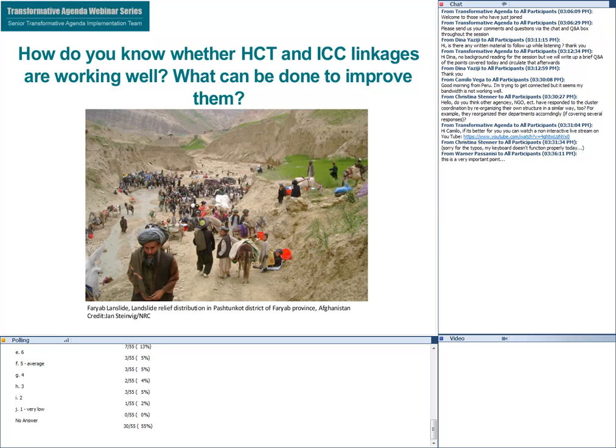If you look at the transformative agenda, it clearly states that clusters should be activated more strategically for a limited period of time. And unfortunately, that's not the reality. What is required is to look at the capacity of the government to respond to a crisis, whether they are overwhelmed or overburdened by it.